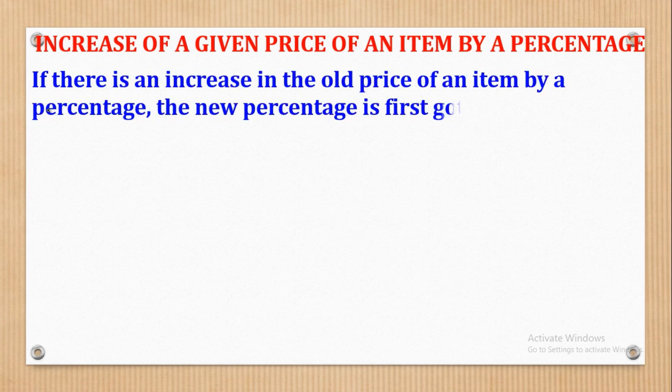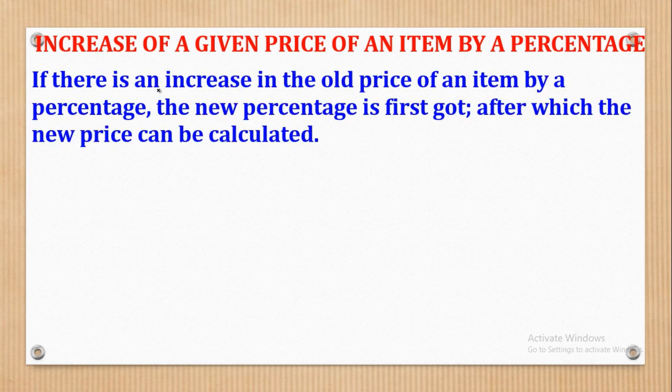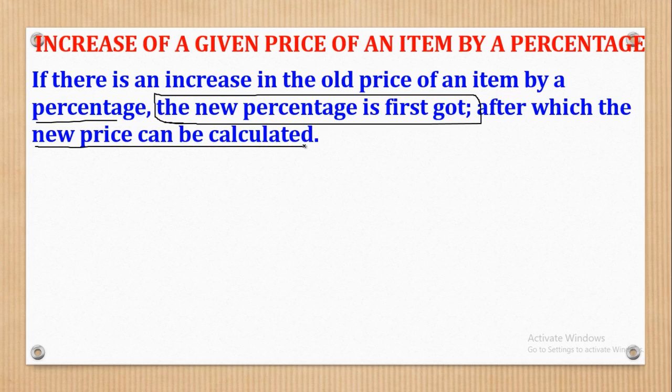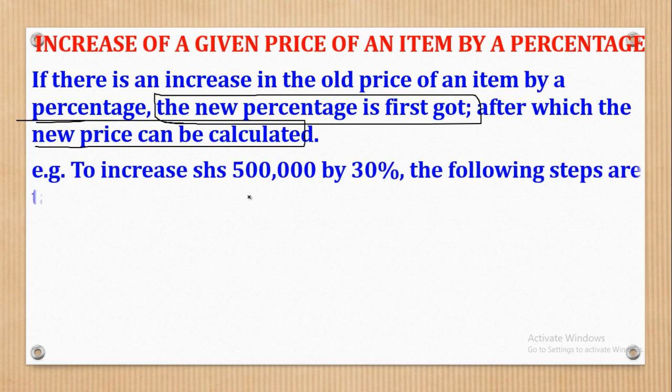In that case, if there is an increase in the old price of an item by a percentage, the new percentage is first got, and after getting the new percentage, you can now calculate the new price. For example, to increase shillings 500,000 by 30%, the following steps are taken.